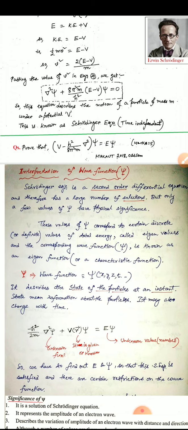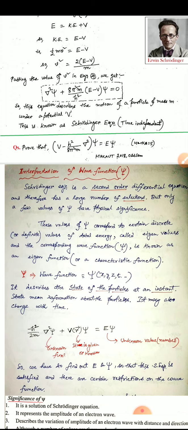So clear? As it is a second order differential equation, we can get a number of solutions, but among these, few have a real value or particular energy value, and in that case the energy value is called the eigenvalue and the corresponding function is called the eigenfunction.